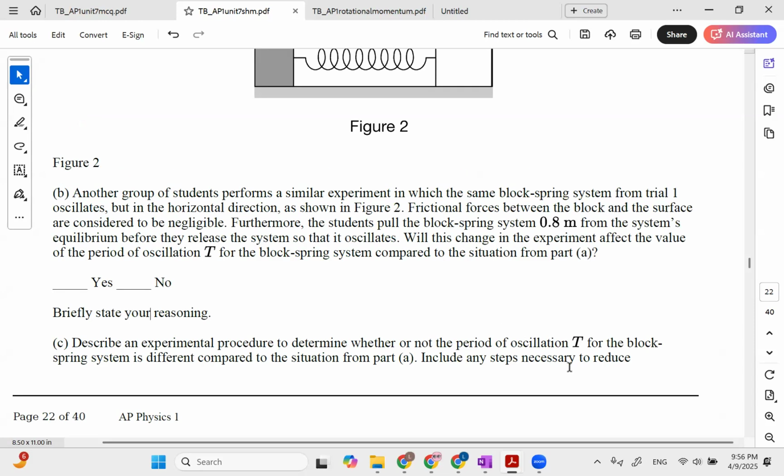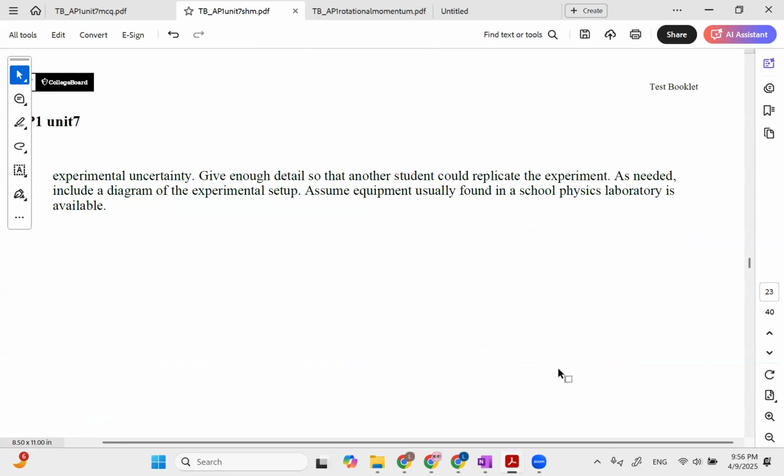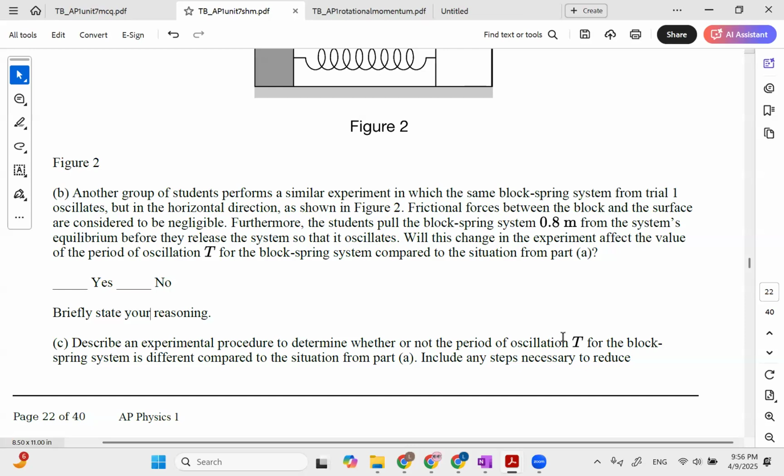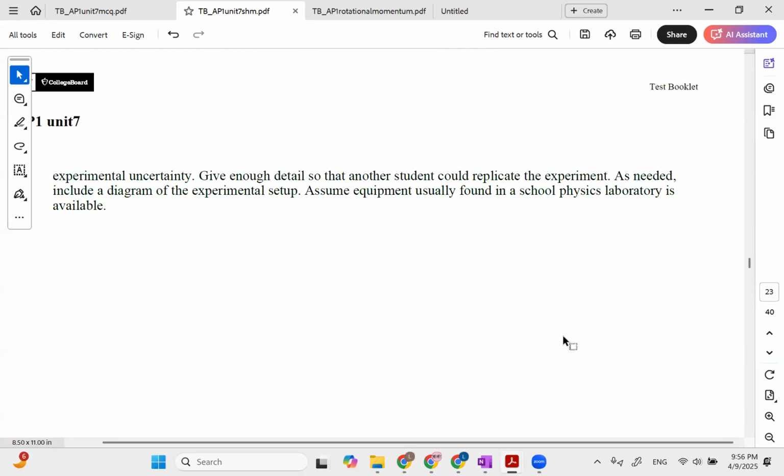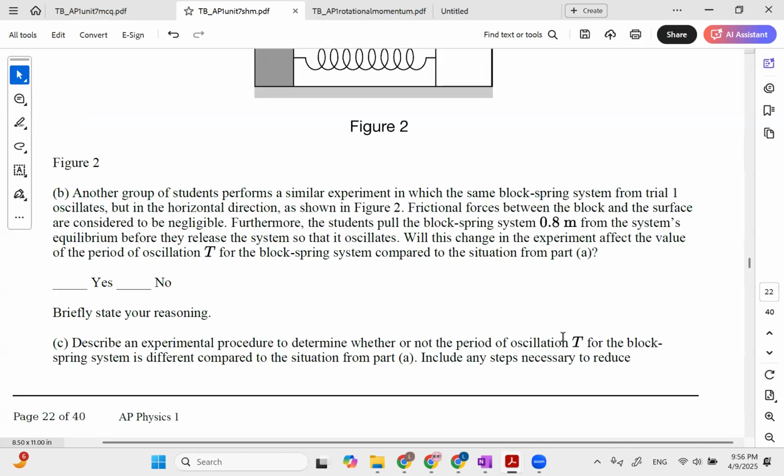And then remember, you also need to include steps necessary to reduce experimental uncertainty. You know what it means, right? Repeating always. Any kind of experiment, lab procedure, you always need to repeat. Okay, so how do you write this one, right?